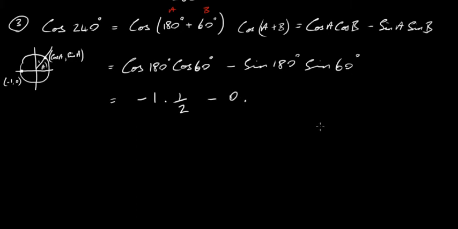Okay, so we put all this together. Minus 1 times a half is just minus a half. This becomes 0, and that's it. Can I do anything else there? No. Okay, so that's it for number 3.